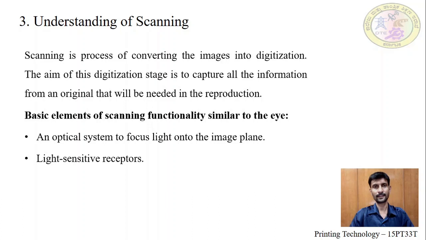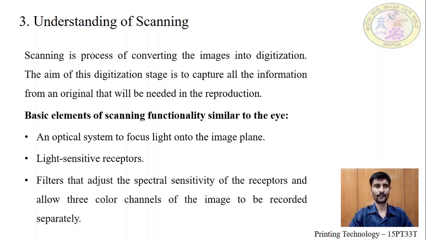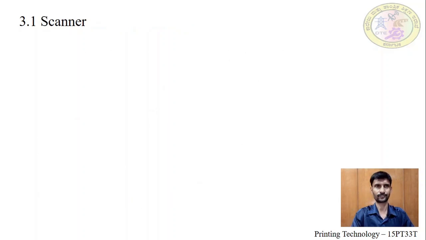It sends the captured image details to the final output. Filters are used to adjust the spectral sensitivity, or color balance, as we may call it. Normally we have 3 color channels, and each color channel is captured separately.